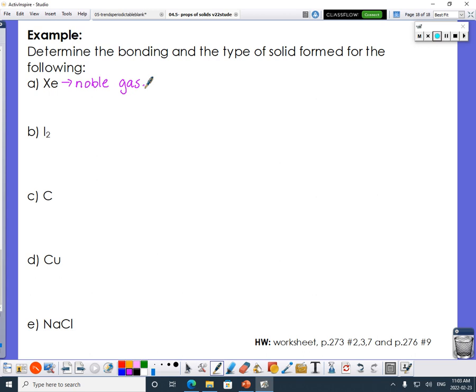So, we just summarized that. It's a noble gas. It's an atom all by itself. So then it's going to be an atomic solid. It doesn't ask you to explain, but I'll put it in brackets, okay?